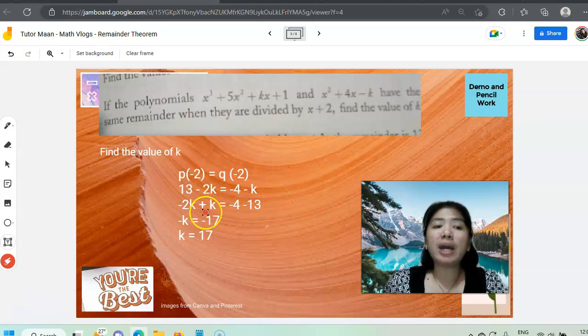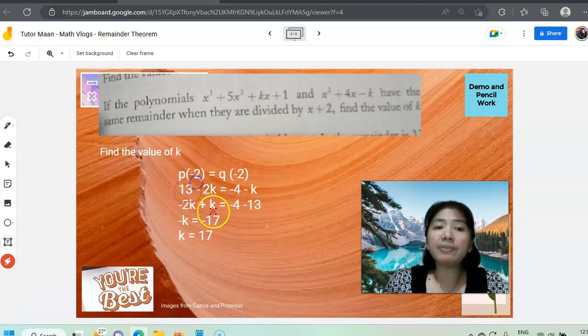And then we are going to isolate the terms with the variable k. So we're going to do transposing. So copy negative 2k in the left side and then transfer negative k from right side to left side of the equation. So we have positive k. And then copy negative 4 at the right side.